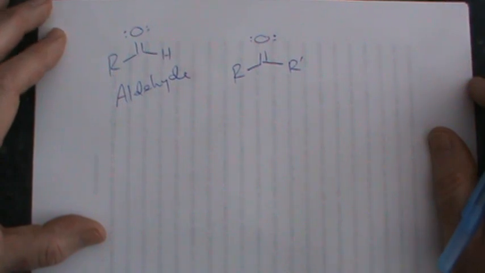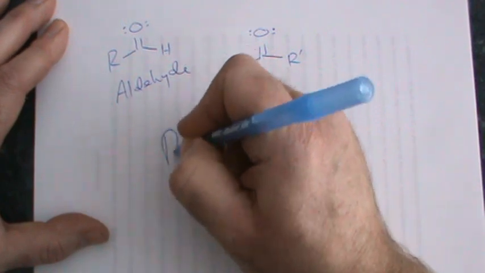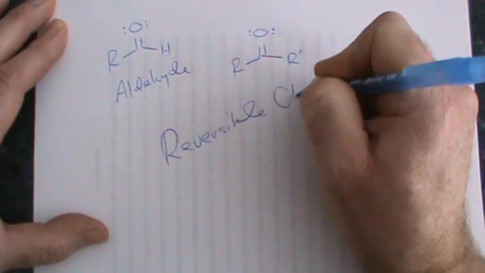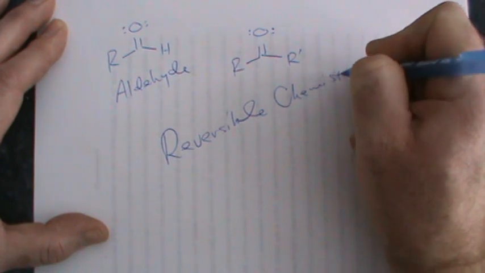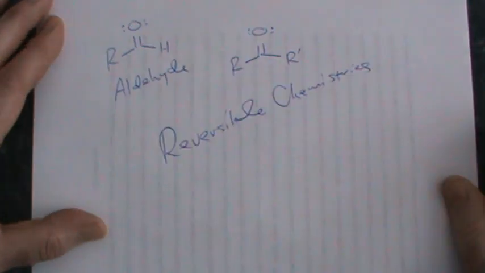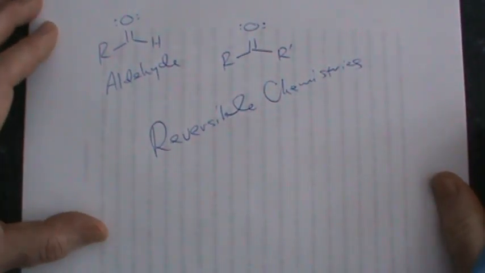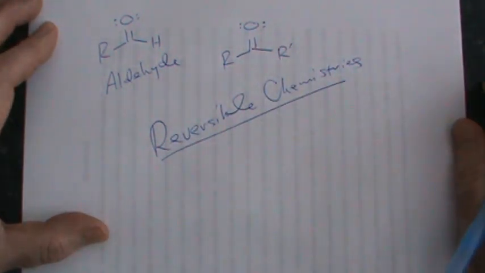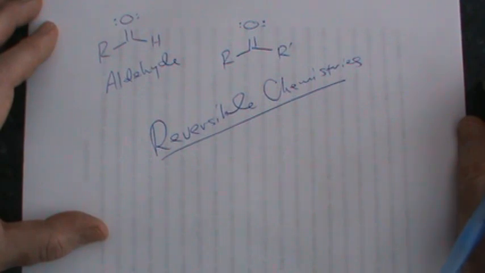What we're going to do today is we're going to explore reversible chemistries of aldehydes and ketones. Now, we emphasize reversible because these reactions are completely reversible, and as we work through the mechanisms we'll see that.